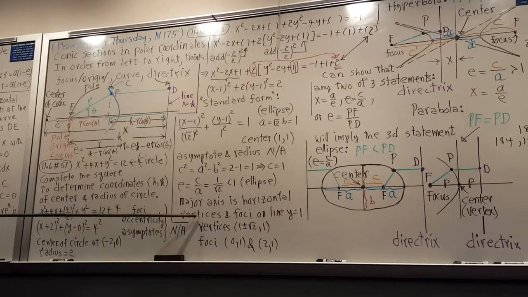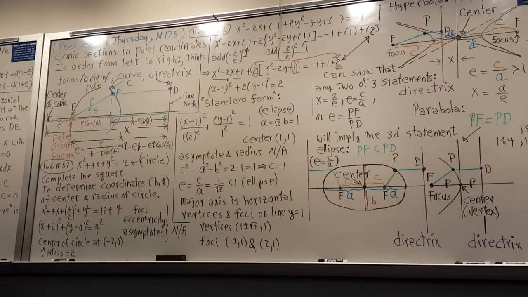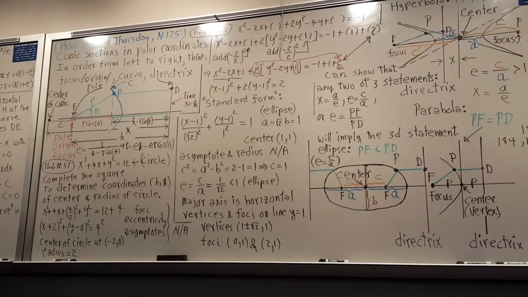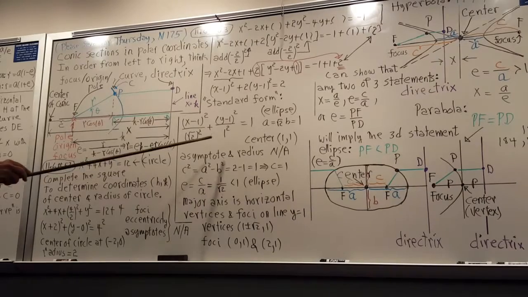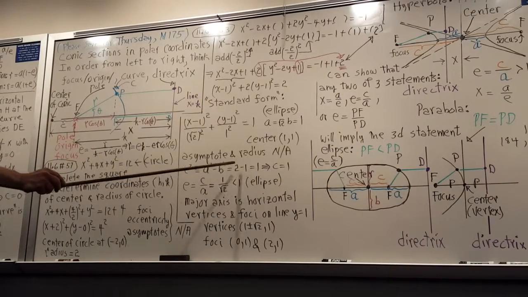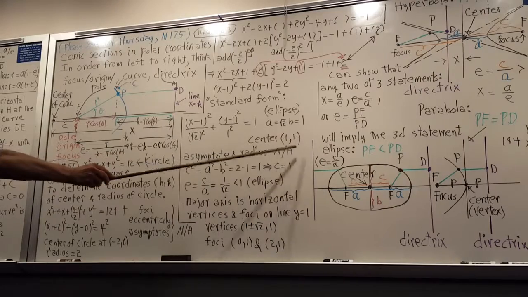And the vertices then and foci will be on a horizontal line that goes through the center, the line y equals 1.